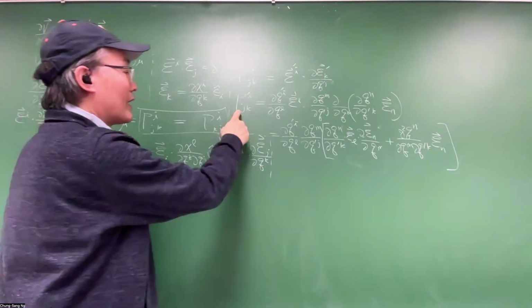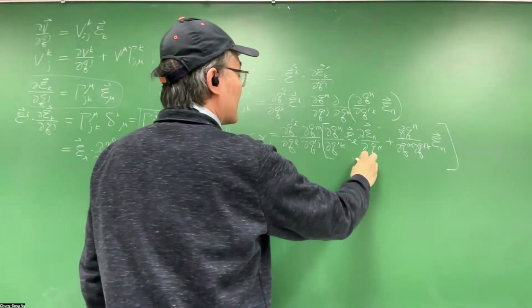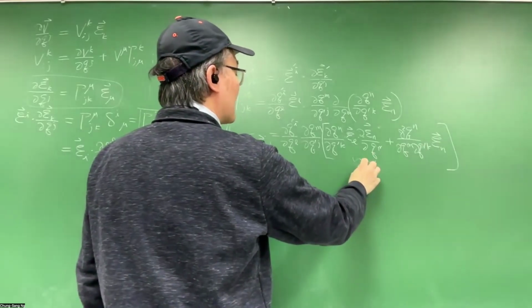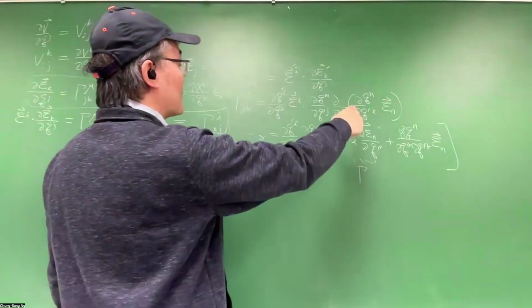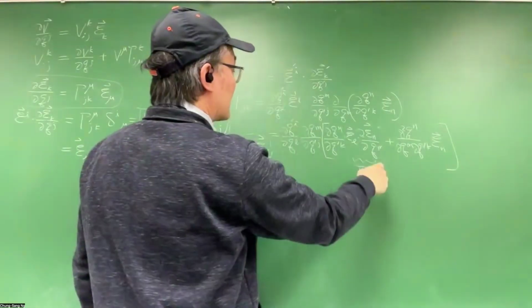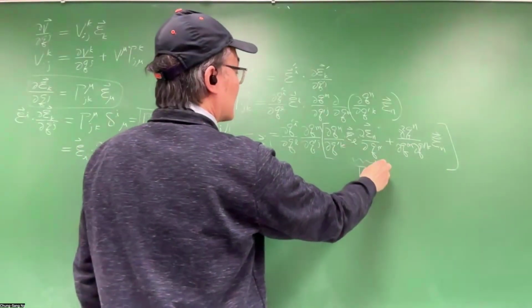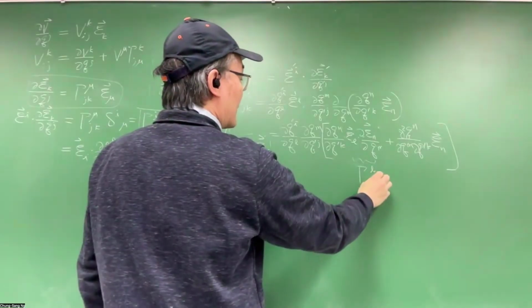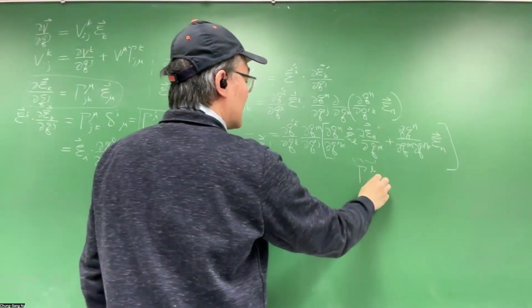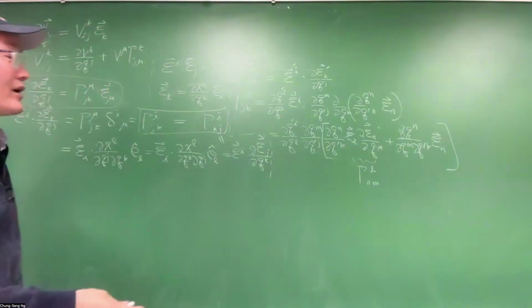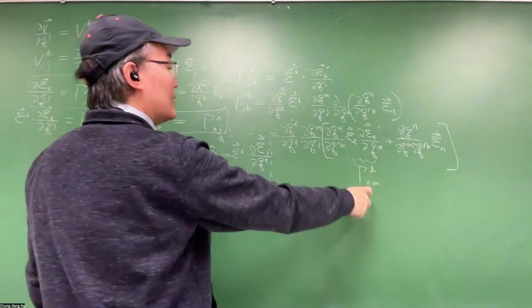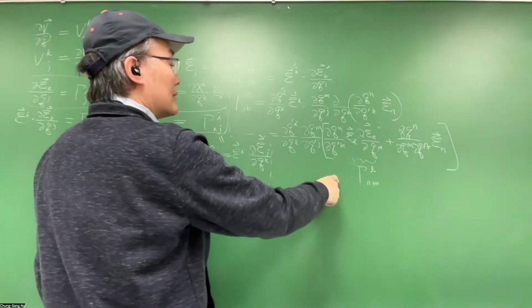So this is how you transform, and you identify this is your Christoffel symbol using the same rule. This is L, and then N and M, it doesn't matter. You already saw that.